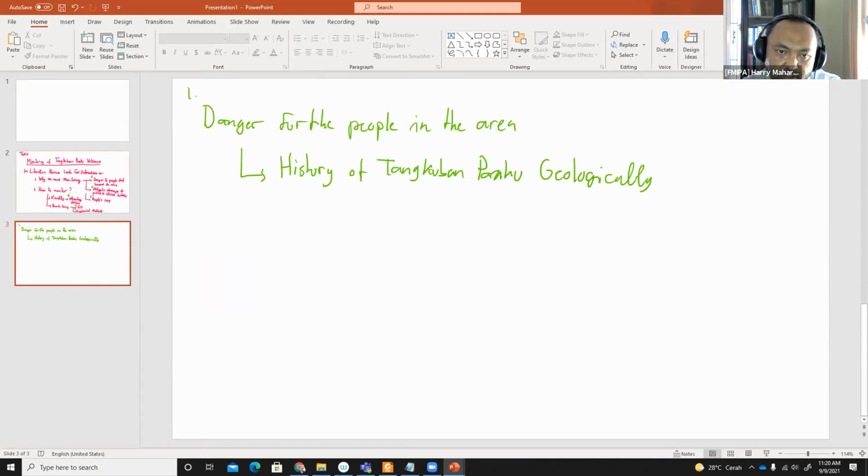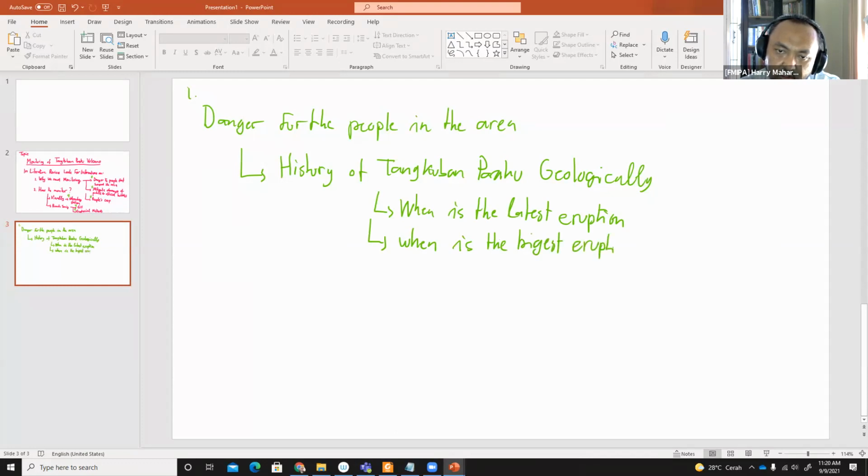By reviewing the history of Tangkuban Perahu in terms of its geological occurrence, it means that we're going to see when is the latest eruption, for example, and then when is the biggest eruption, and then from the latest eruption, how many casualties?